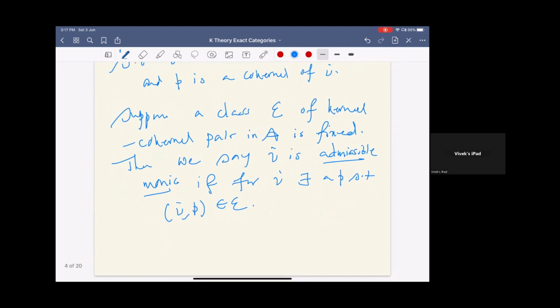And an admissible epic is defined dually. That means given a p, there exists i such that (i, p) belongs to this class of kernel-cokernel pairs.